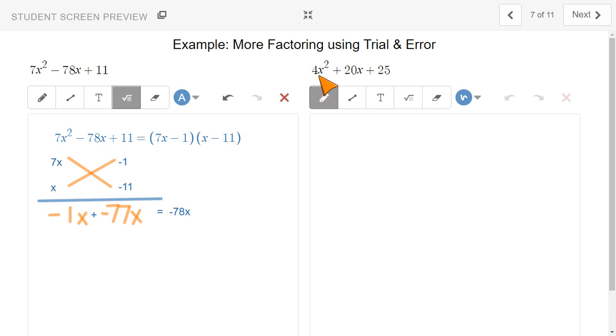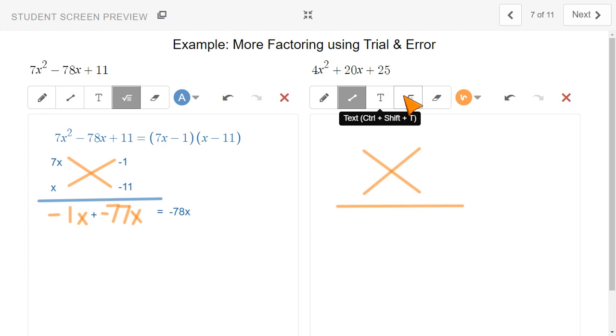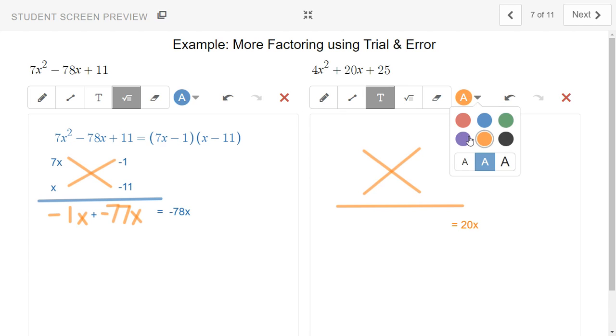Now this one is a little bit trickier because our first term, we have two options. We could choose 2 and 2, or we could choose 4 and 1. Let me set up our cross. And we need this to ultimately add up to negative 20, or positive 20. So factors of 4.